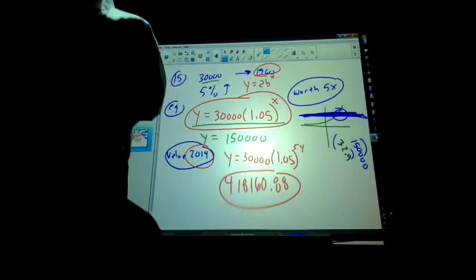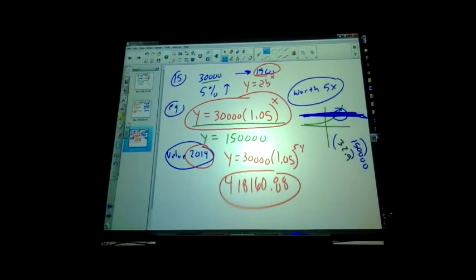So, when would this land be worth 5 times its value? It started in 1960. What's 33 years added on to 1960? 1992.